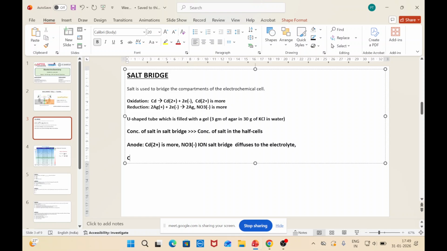And in case of cathode, NO3- ions is more, so K+ ions from the salt bridge diffuse to the electrolyte.